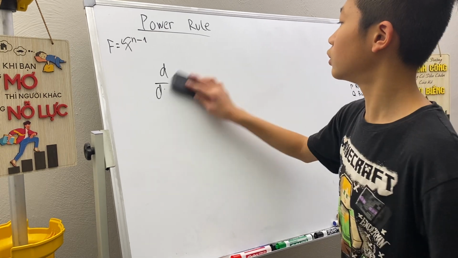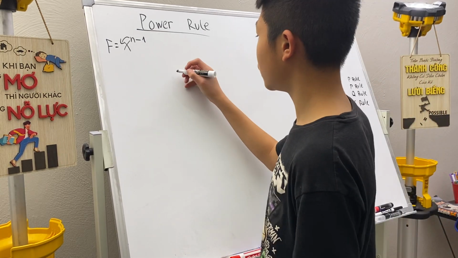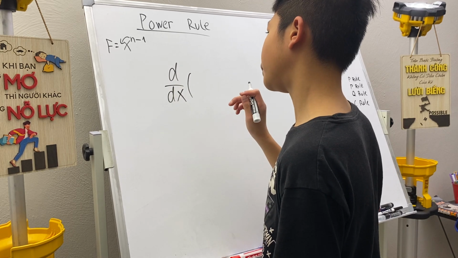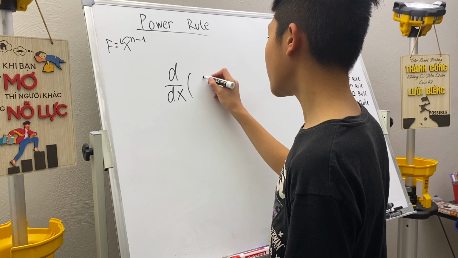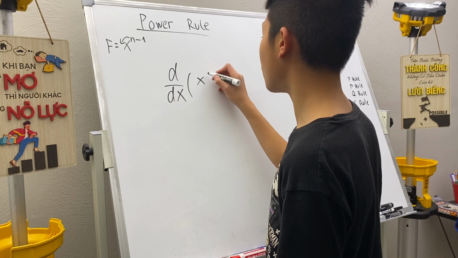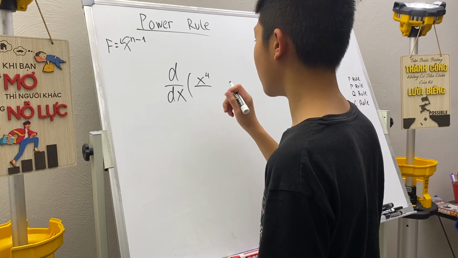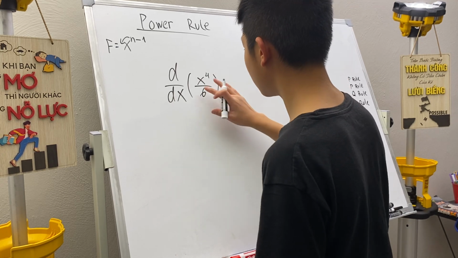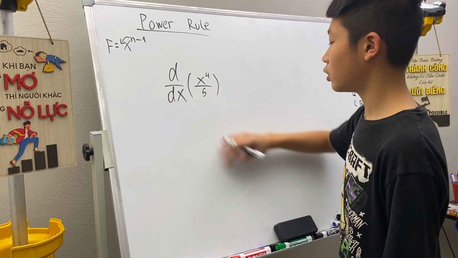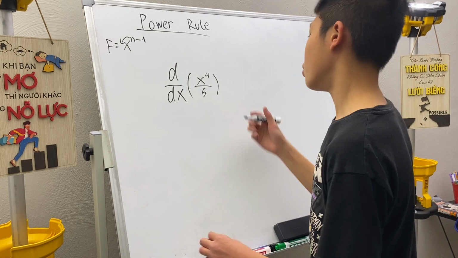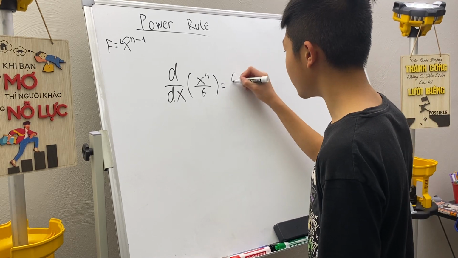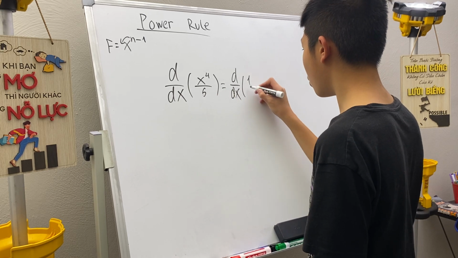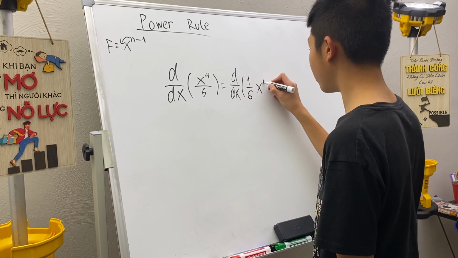Let's say the derivative of x to the 4th over 6. How do we compute this? Well, guess what? This is the same thing as 1/6 x to the 4th.